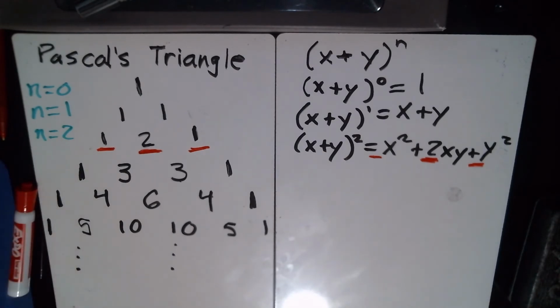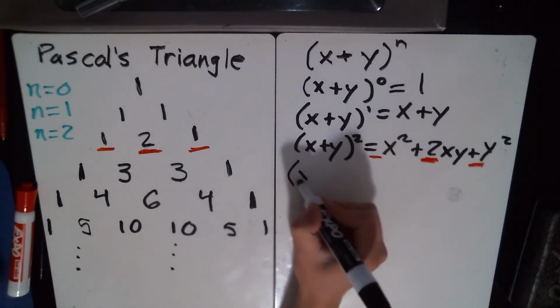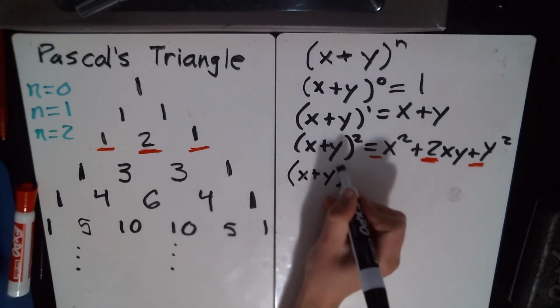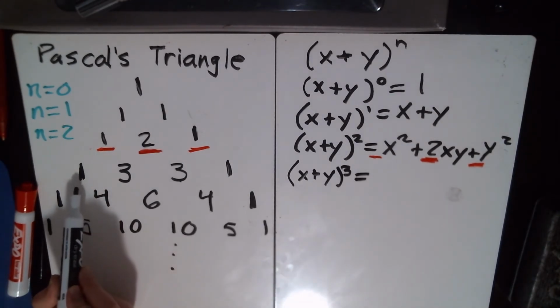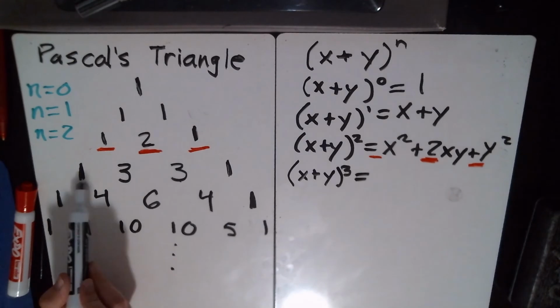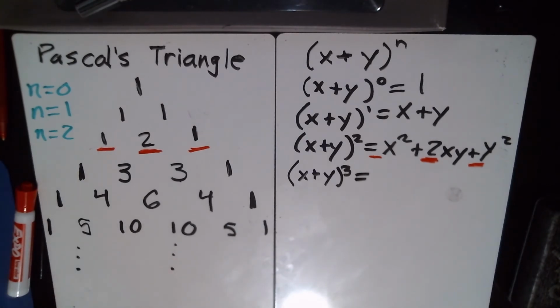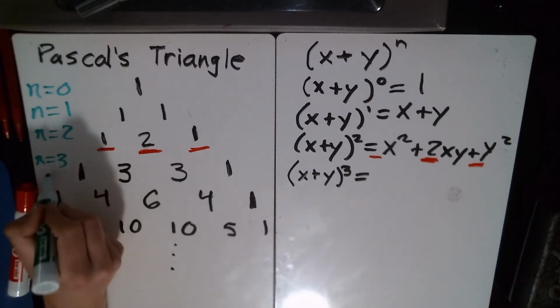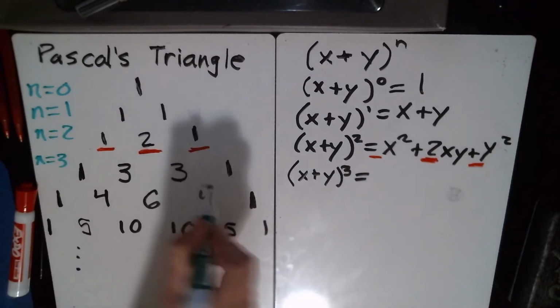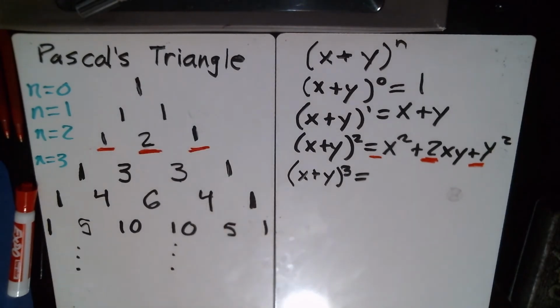Let's look at the cube. X plus y cubed. Well, this would be the n equals 3 row. So n equals 3 is this row here with 1, 3, 3, 1, right?